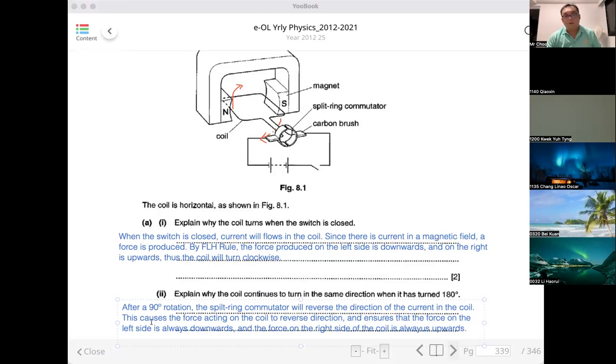Is that clear? Okay, so can you look at your own answer and can all of you just tell me which part you can improve? Just type out the part you can improve based on what you have written so far.